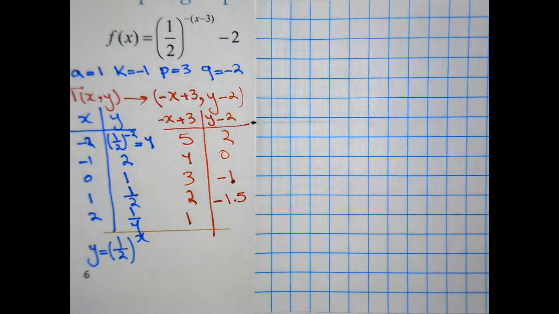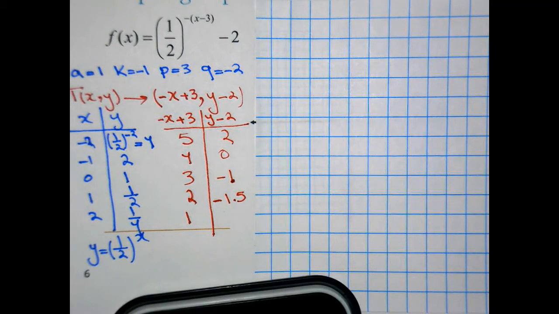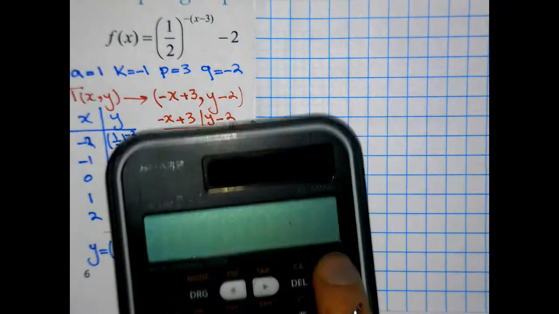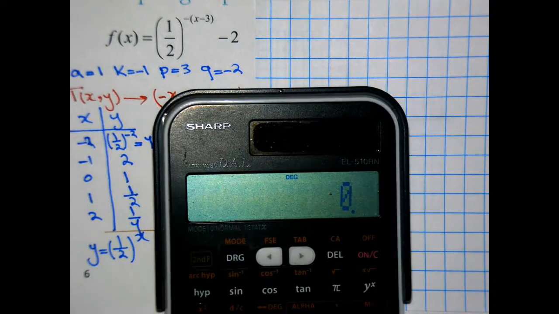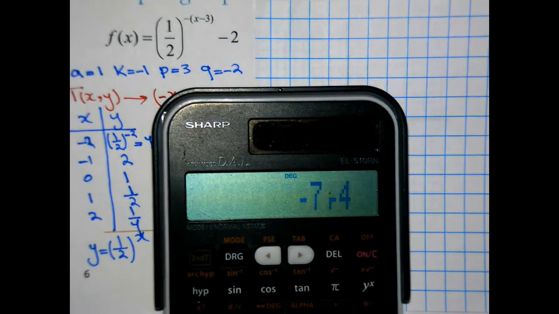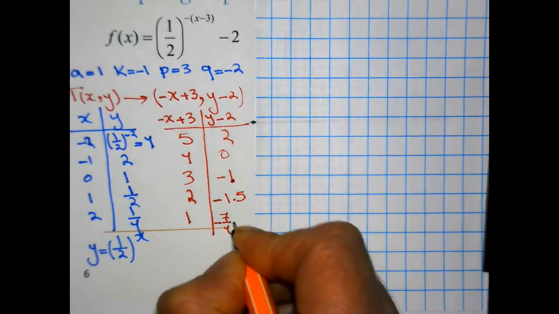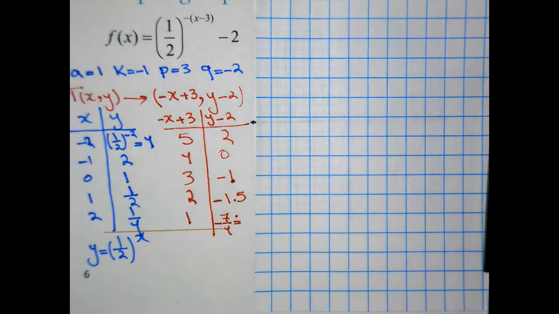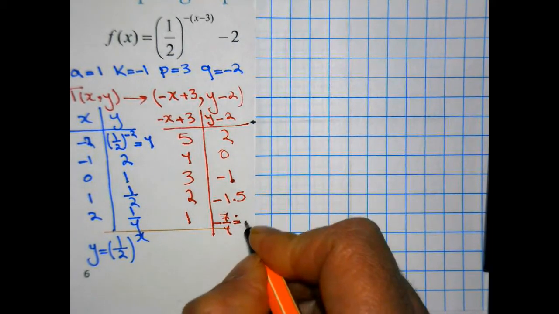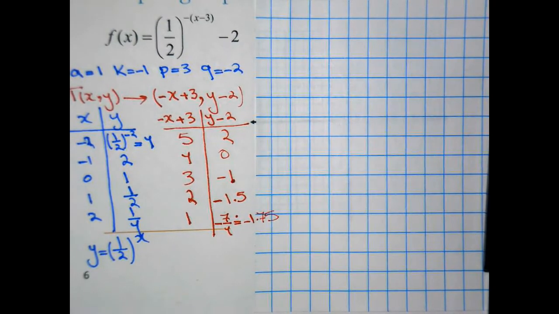Then we have 1 over 4 minus 2, which is negative 7 over 4, which is approximately, I'm gonna write it here, negative 1.75, or exactly.